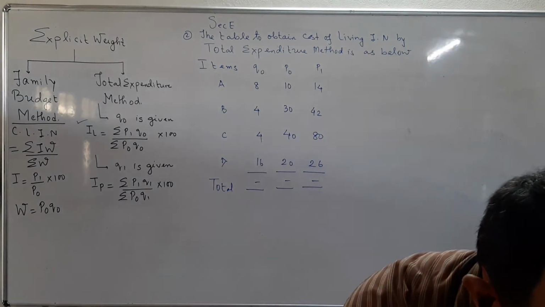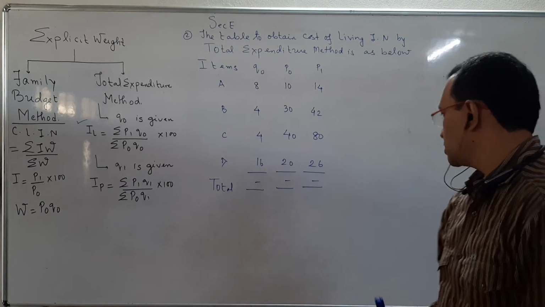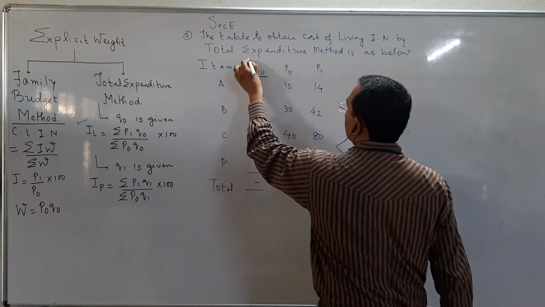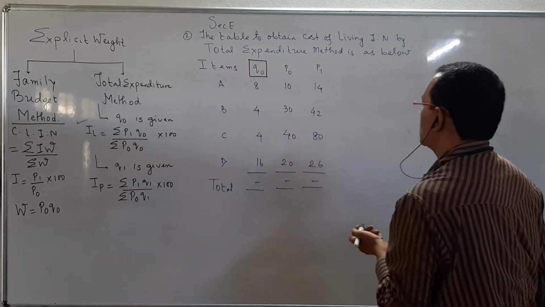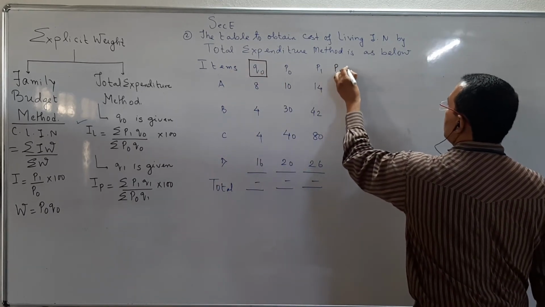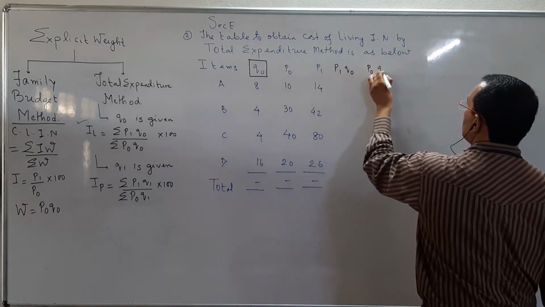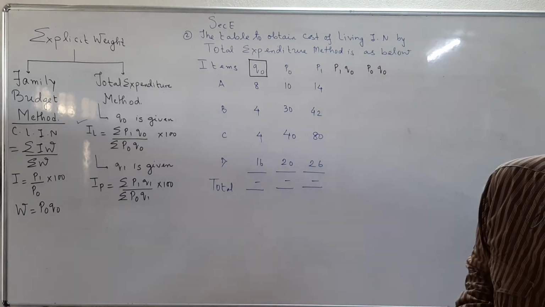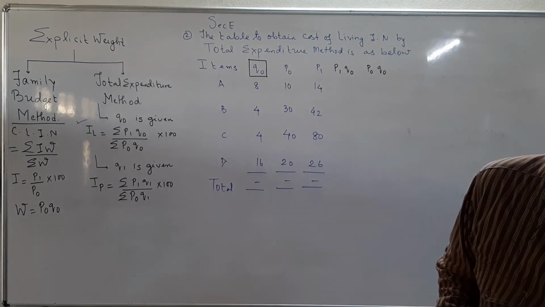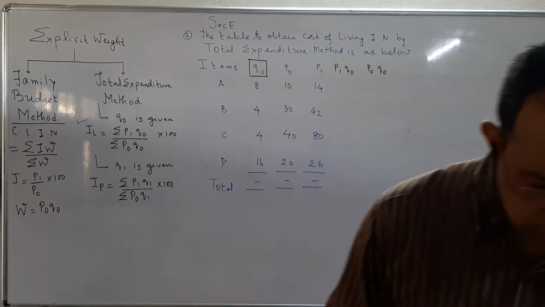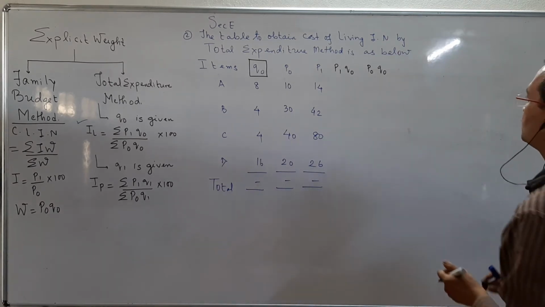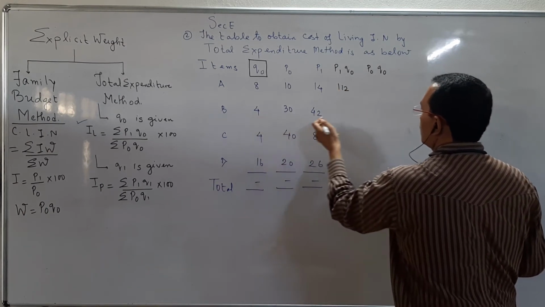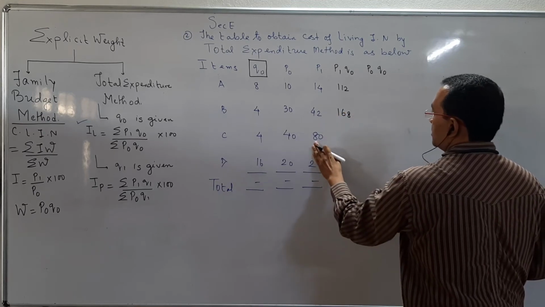Okay, now students, simply we have to go for the next two columns. As Q0, various quantity is given, we will apply last year's formulas to make the columns of P1 Q0 and of course P0 Q0. So 14 into 8, 112. Then 42 into 4, so 168.